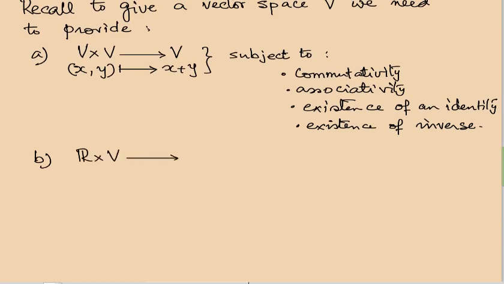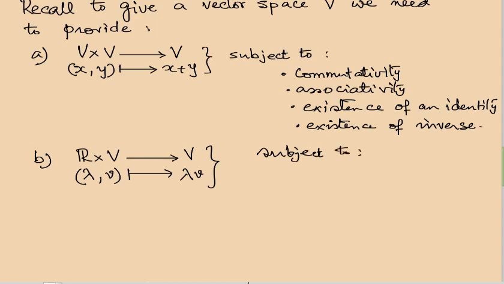That means a function from R cross V to V. And what are they subject to? Some distributive properties.